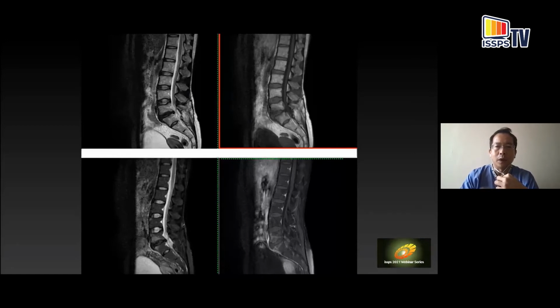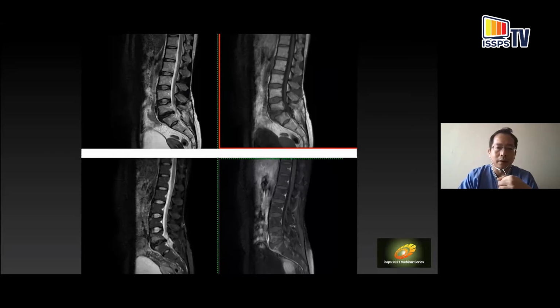And if we want to focus down on fluid signal alone, we will then apply a fat suppression sequence. In this case, an inversion recovery or a STIR sequence.